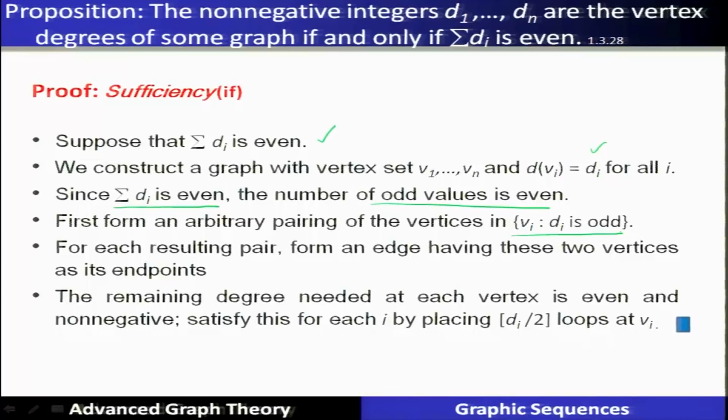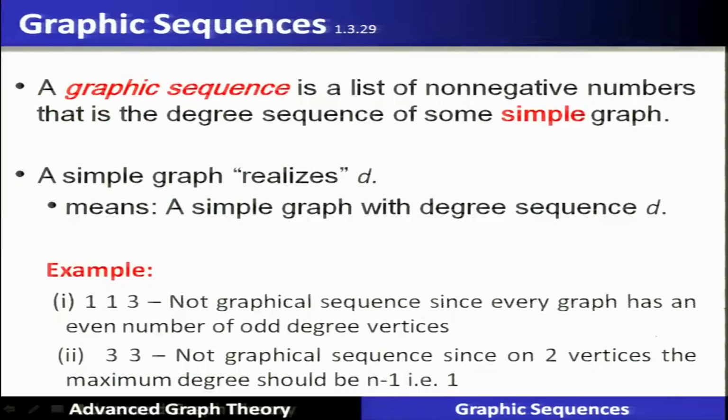We satisfy this by placing di by 2 loops at each vertex i, and hence we can produce a graph out of it, showing that the given set of integers d1 and so on up to dn are the degrees of the vertices of some graph. Graphic sequence.